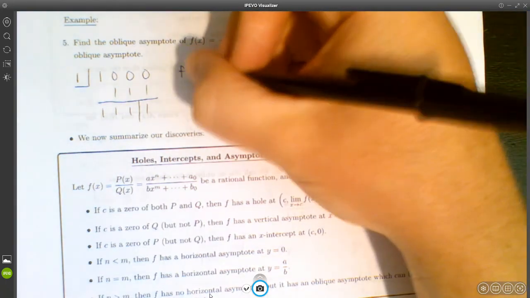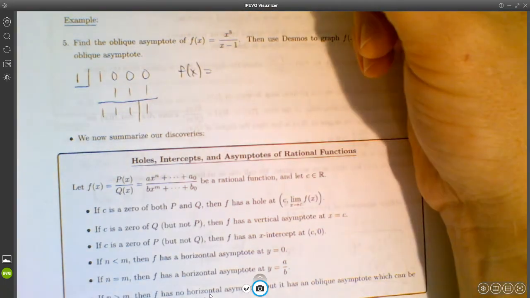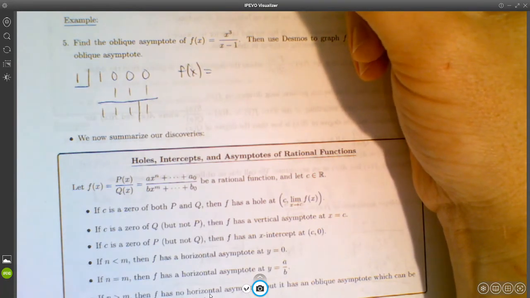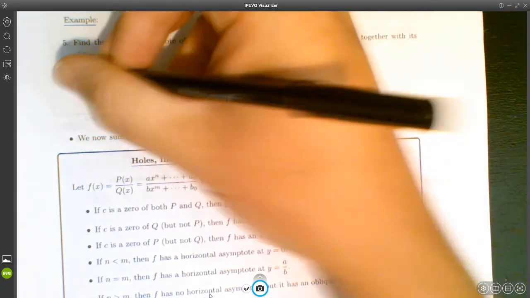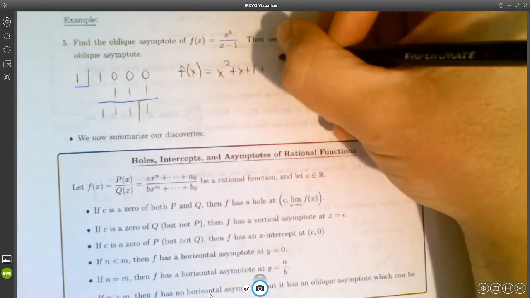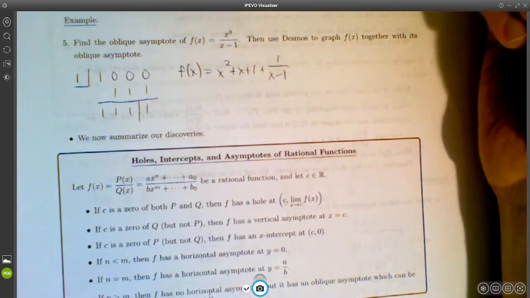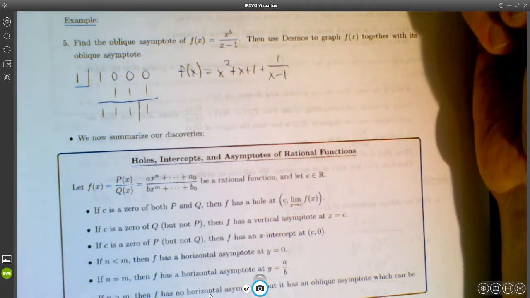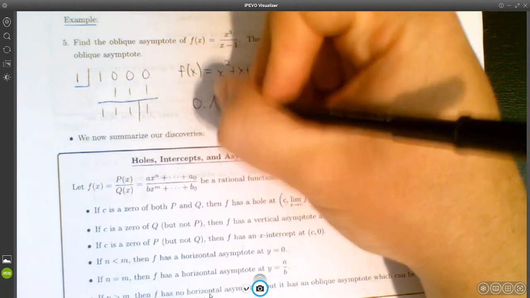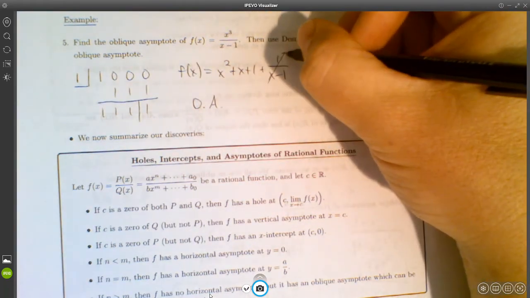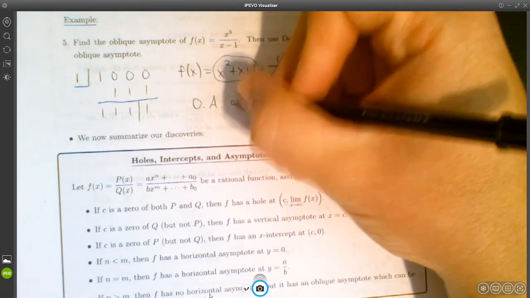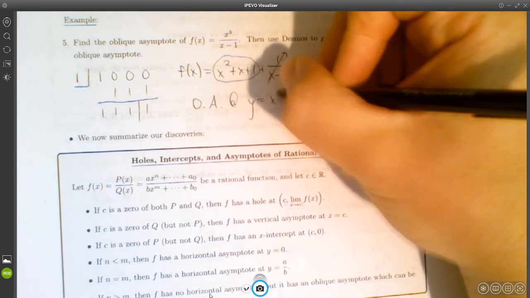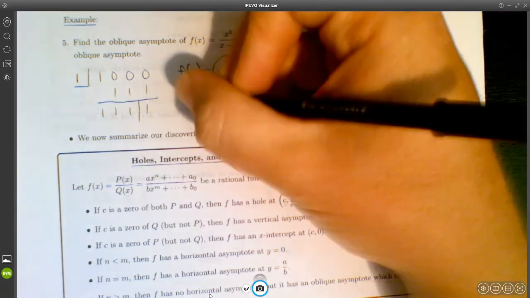So f of x is x squared plus x plus 1 plus 1 over x minus 1. So that means its oblique asymptote, right? This thing goes to 0 as x gets really large, so its oblique asymptote is y equals x squared plus x plus 1.